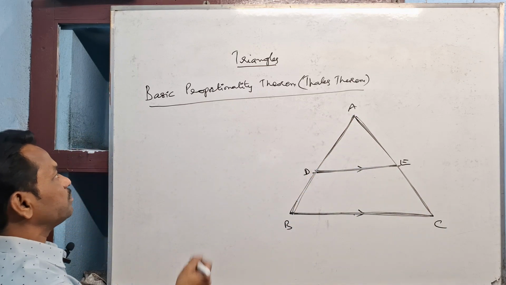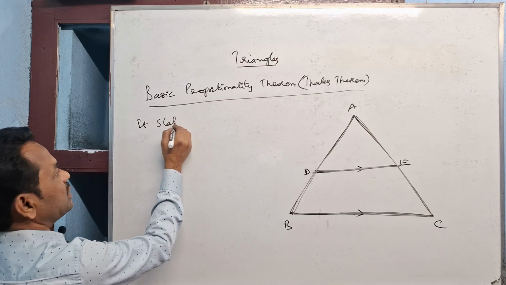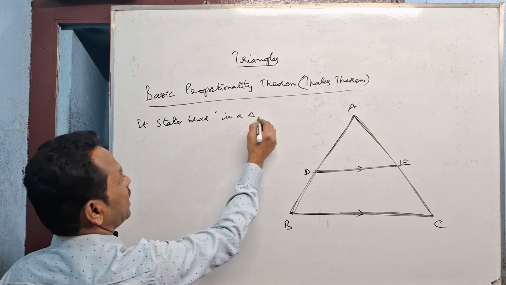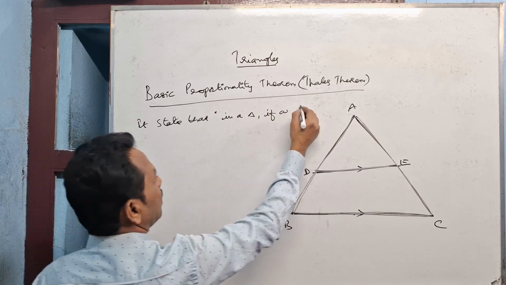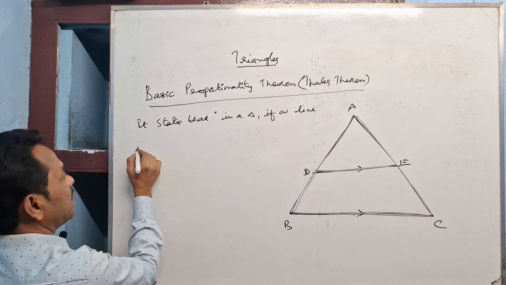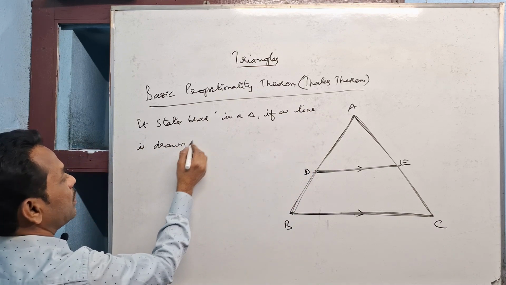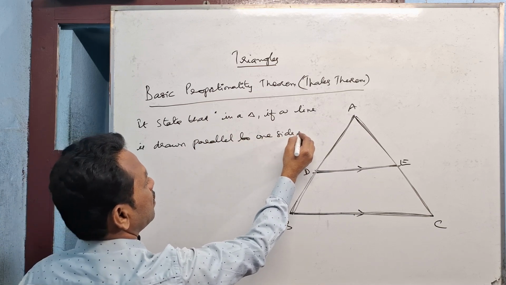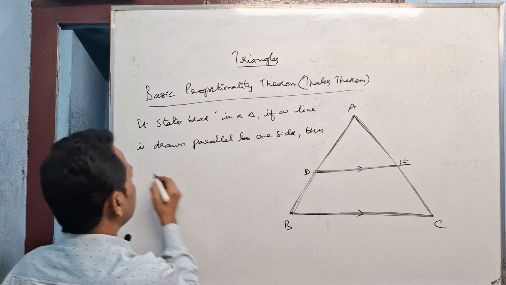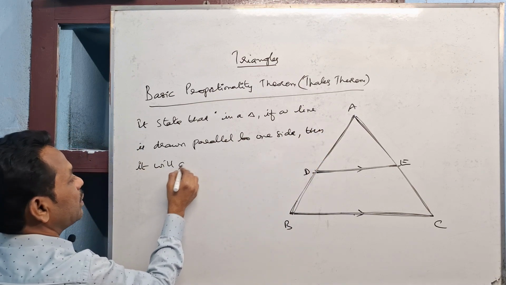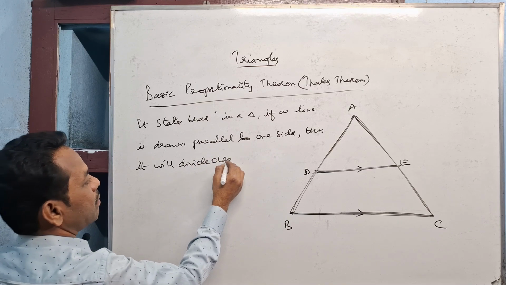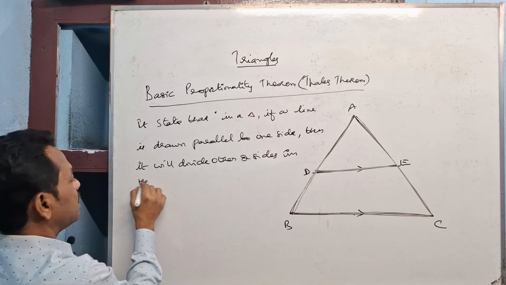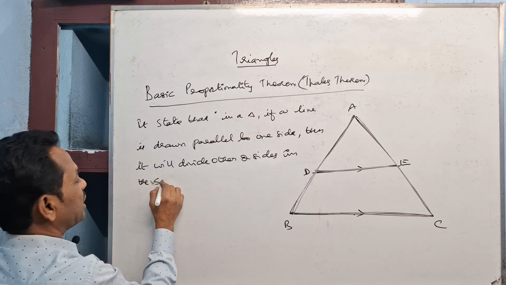So BPT states that in a triangle, if a line is drawn parallel to one side, then it will divide other two sides in the same ratio.